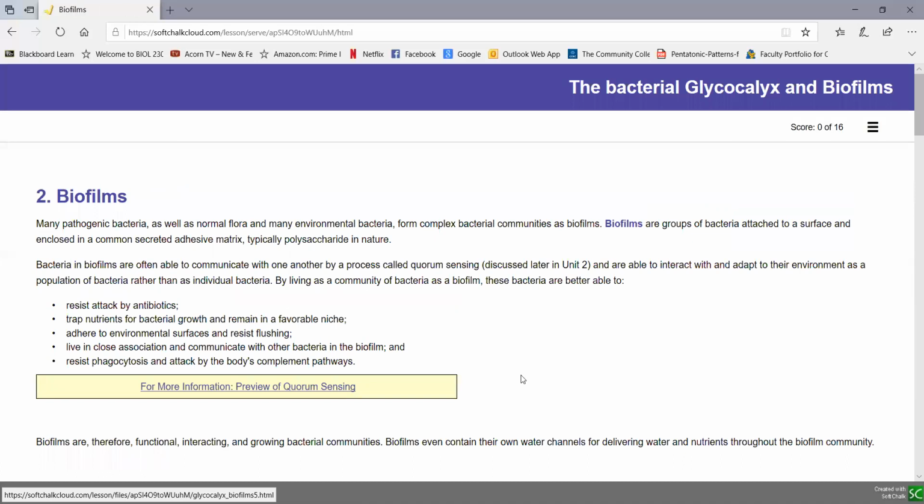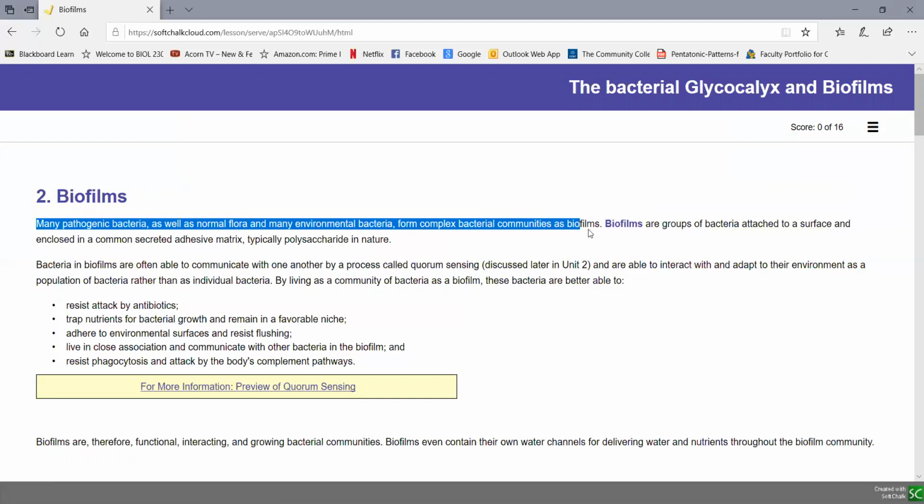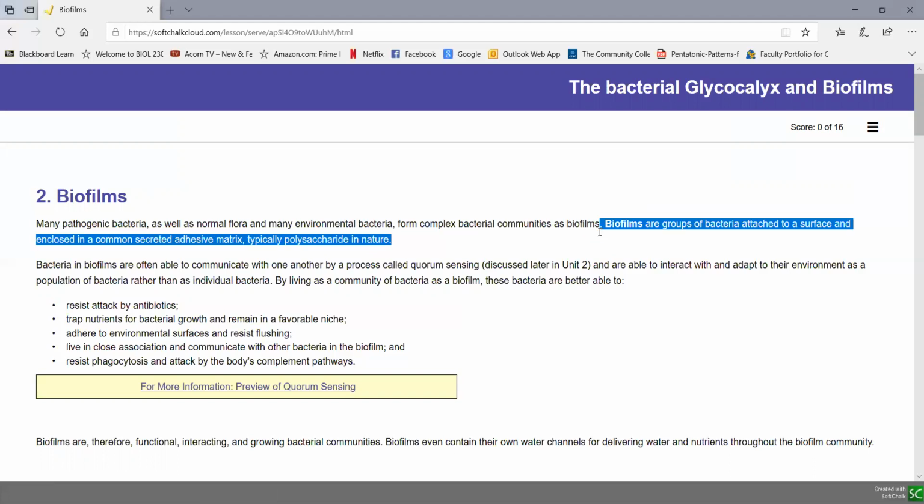Now, often the glycocalyx production eventually leads to bacteria producing what are called biofilms. So many pathogenic bacteria, as well as many of our normal flora or microbiota, form complex communities in the form of biofilms. So we define a biofilm as a group of bacteria attached to a surface by means of the glycocalyx and enclosed in a common secreted adhesive matrix, typically polysaccharide.